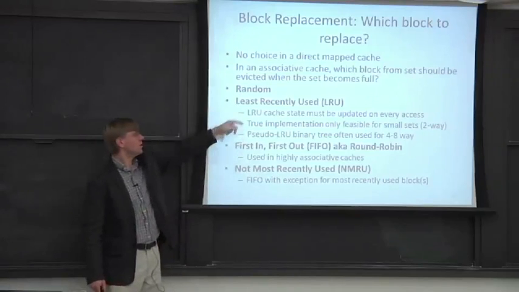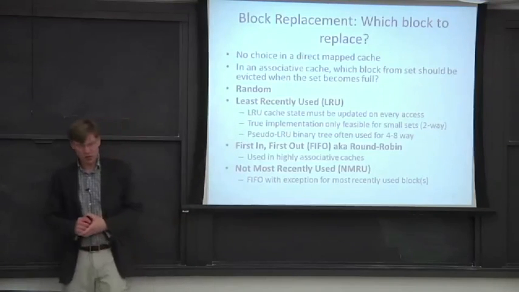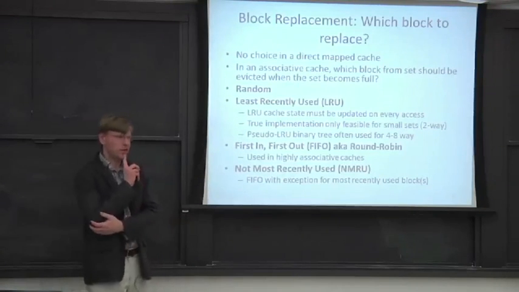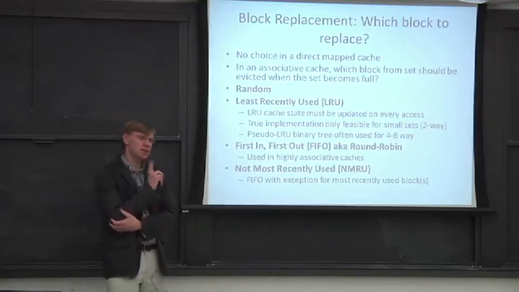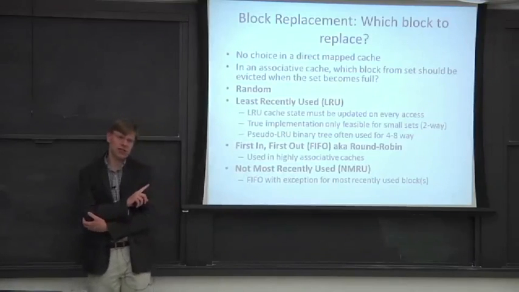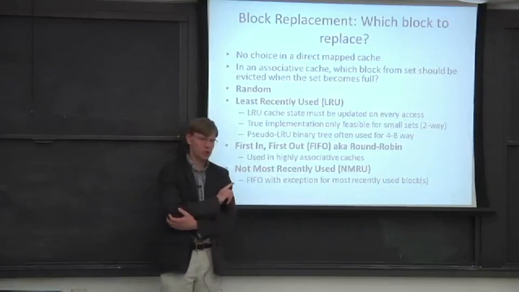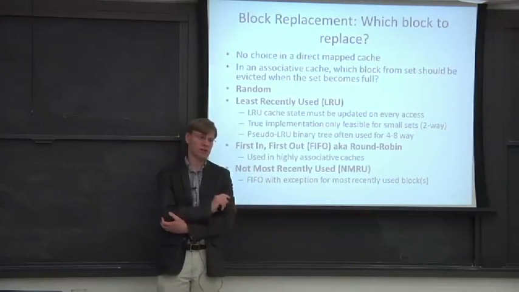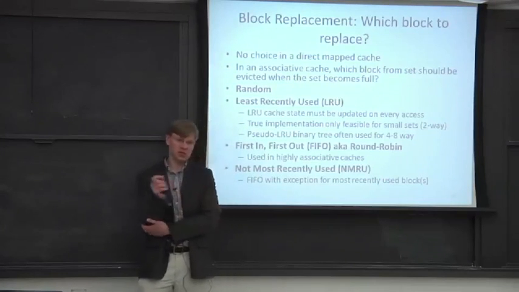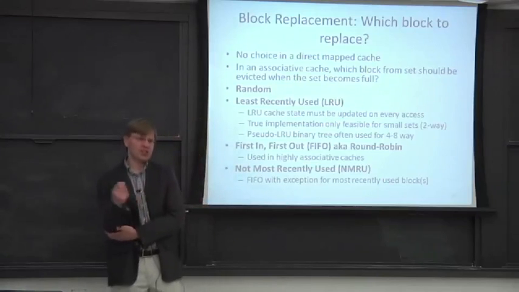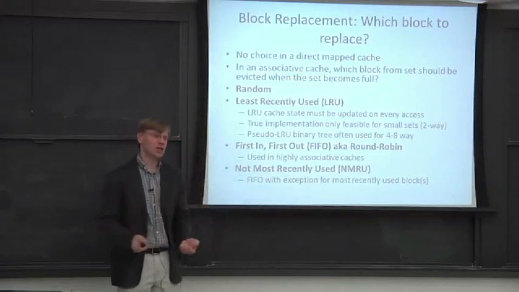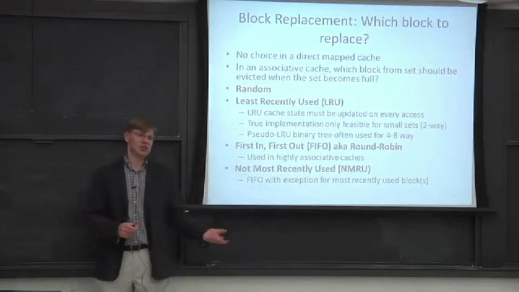We can think about least recently used. The idea behind this strategy is that you are trying to preserve temporal locality. If you've used some data recently, there's a heuristic here that it's likely to be used again in a not too distant time.